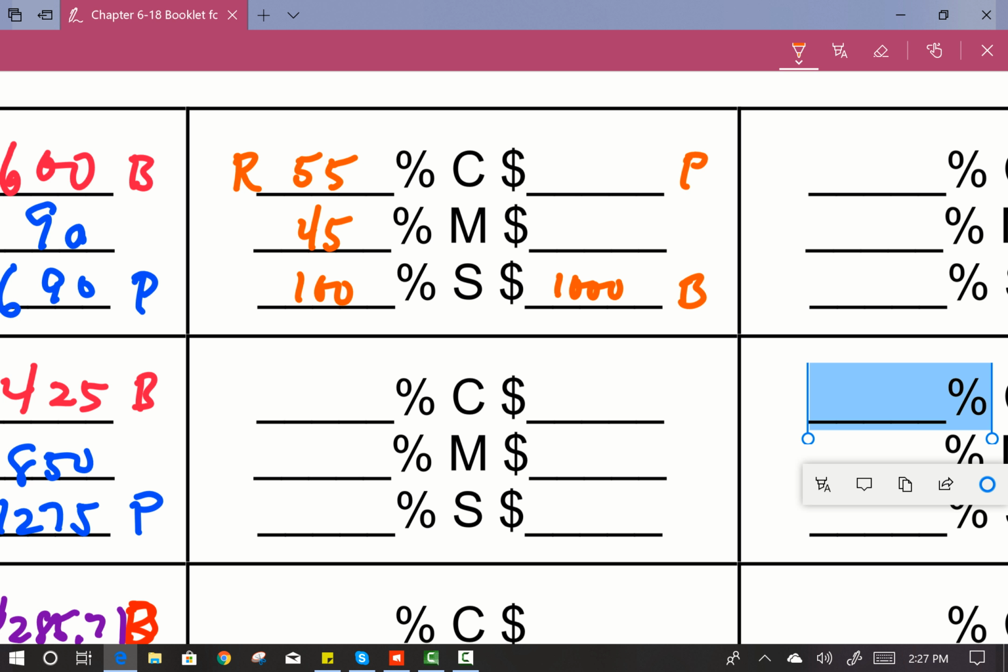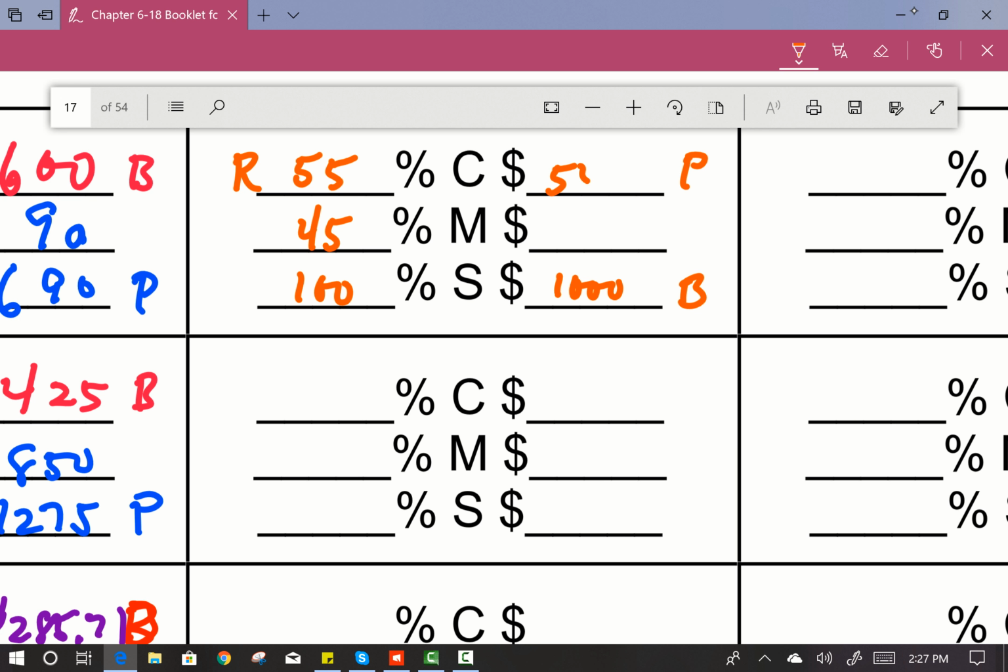So 1,000 times 0.55 after I move the decimal point 2 places to the left is equal to $550. Then the difference between $1,000 and $550 is equal to $450.